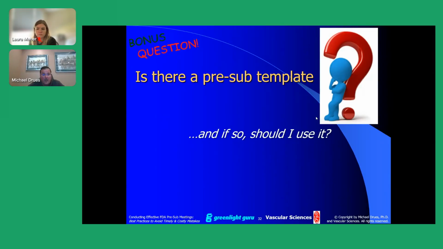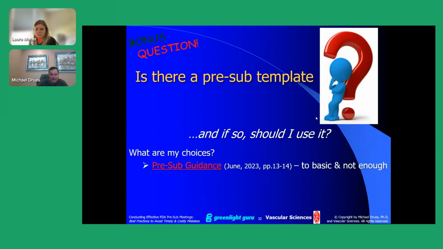Is there a pre-sub template? And if so, how should I use it? Well, there are a few choices. One choice is the pre-sub guidance, which you can refer to specifically on pages 13 and 14. They have some suggestions on the sections. I shared with you my suggestions on the sections before, but in my opinion, what's in the guidance is not nearly enough.